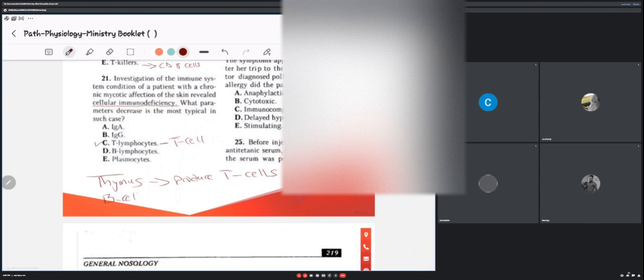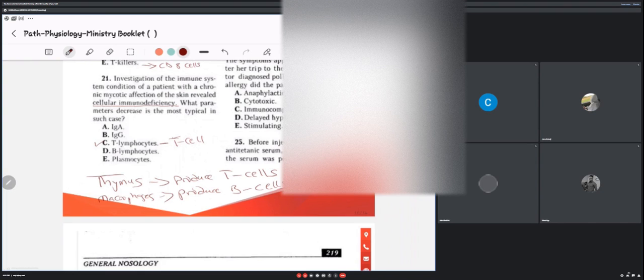Sorry, macrophages produce these cells, macrophages, and I'm trying to remember the other components.